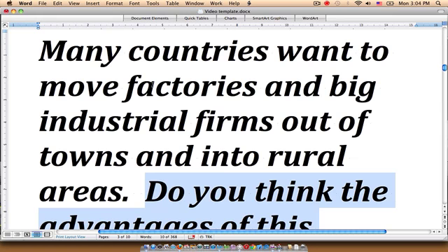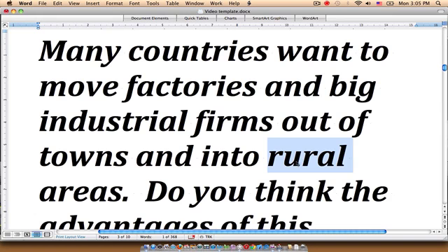This background sentence reads, many countries want to move factories and big industrial firms out of towns and into rural areas. If the word rural is new, this is a word that refers to perhaps more of a countryside or an underdeveloped area. So, a town or a city would be an area where lots of people live.